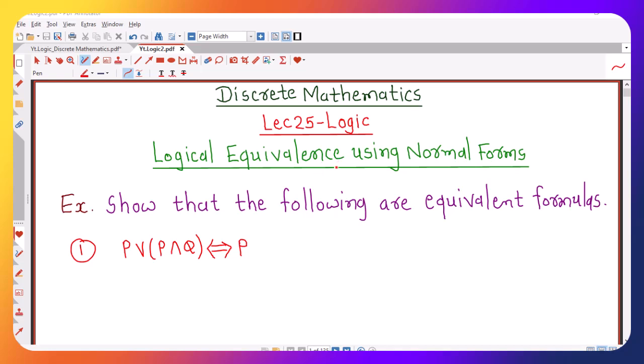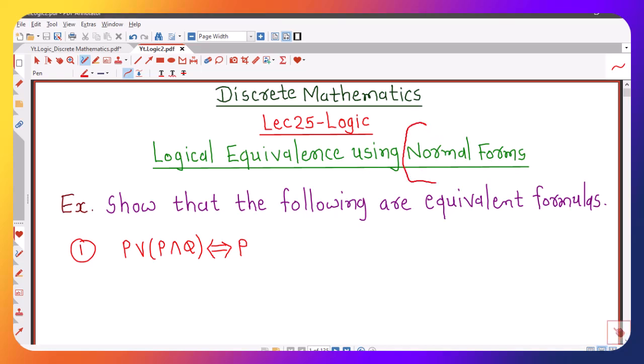Here we are going to show that given two formulas are logically equivalent using normal forms, and now we are familiar with two types of normal forms. One is principal disjunctive normal form and another is principal conjunctive normal form. So using these normal forms also we can prove that given two formulas are logically equivalent.